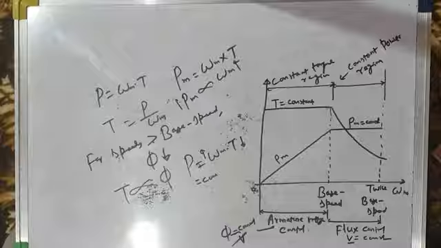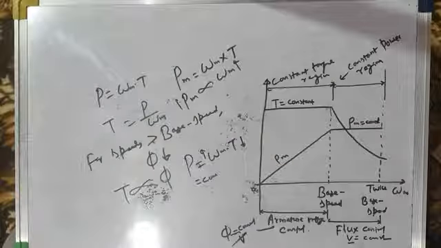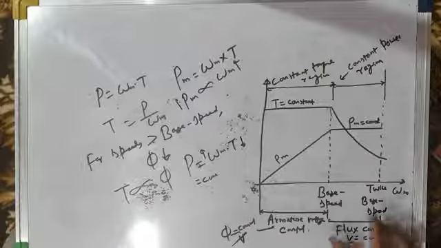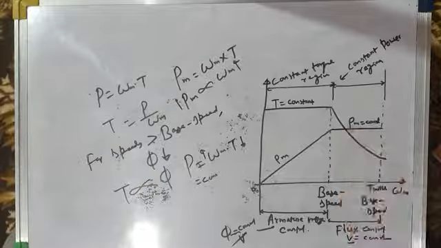This is how we can use the armature voltage control method for getting speeds below base speed, which gives the constant torque region, and the field control method for getting speeds above base speed, which gives the constant power region.